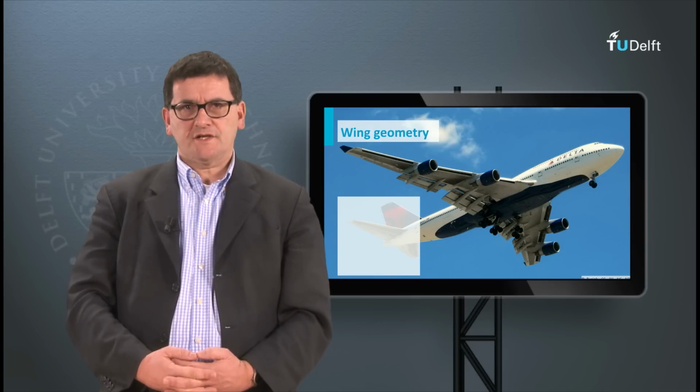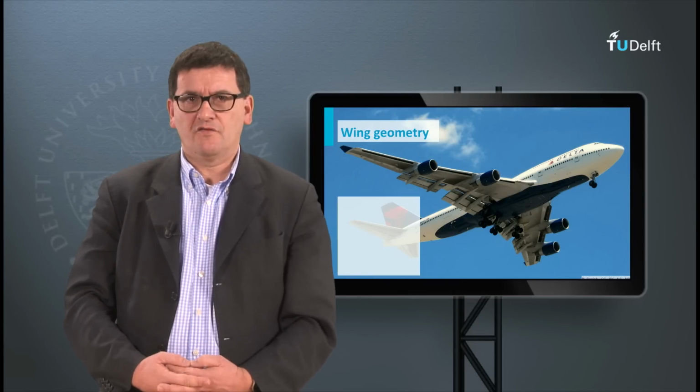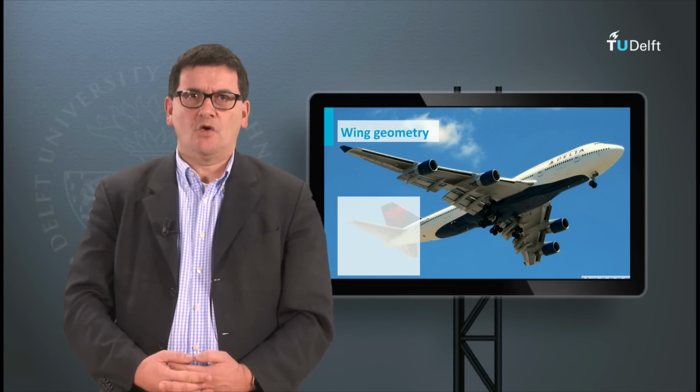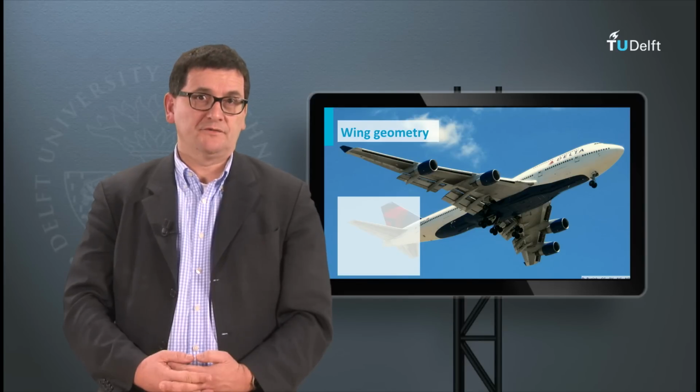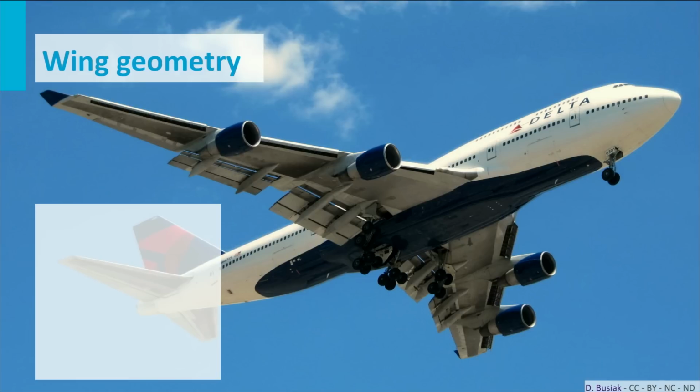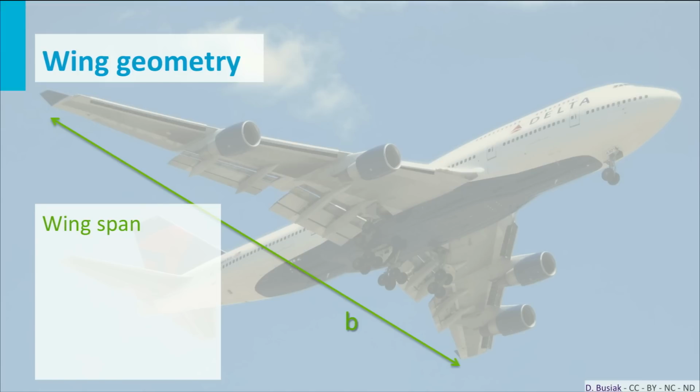To conclude this lecture, I will briefly mention a number of parameters for the wing geometry. Most of these are optimized during the design of the wing and will have an impact on the lift coefficient and thereby on the lift force. First, there is the wingspan, which is the length from wingtip to wingtip. Then we have the wing surface area.